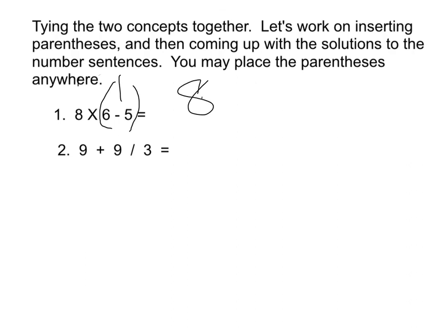Let's look at number 2. The first spot where you could have put the parentheses is around the 9 plus 9. That gives us 18. Now that we have done the work inside the parentheses first, let's go left to right. 18 divided by 3 would have given us an answer of 6. Let's erase that and put the parentheses in the other location.